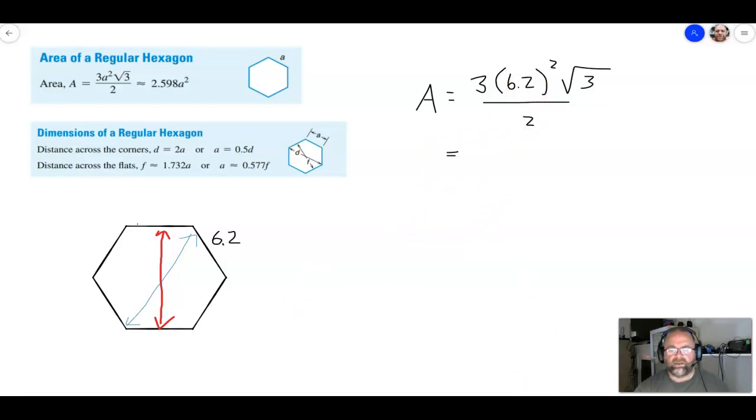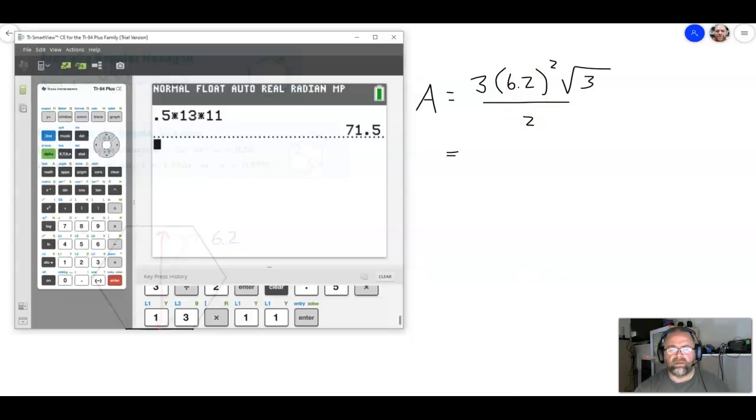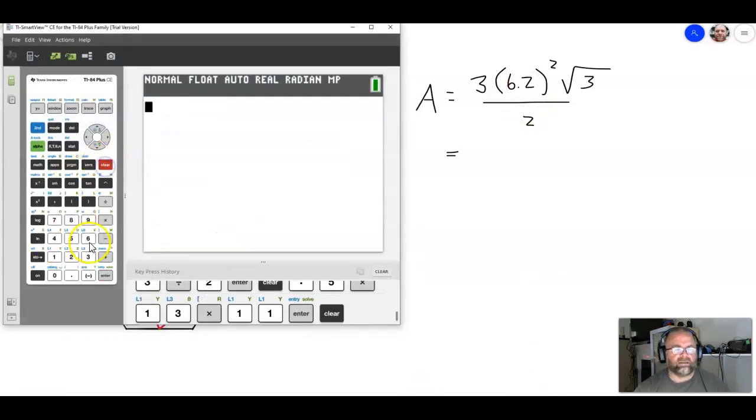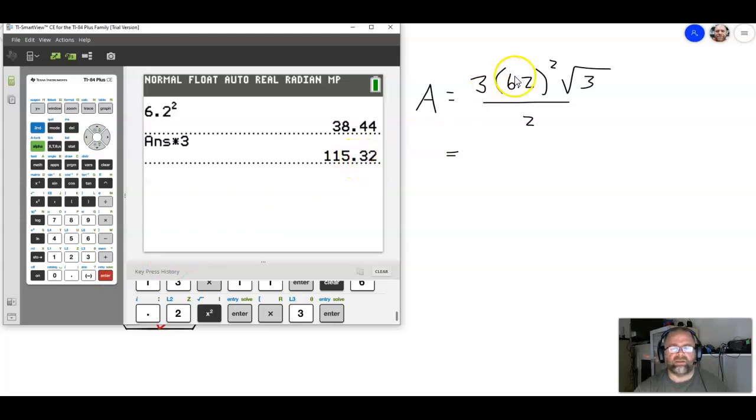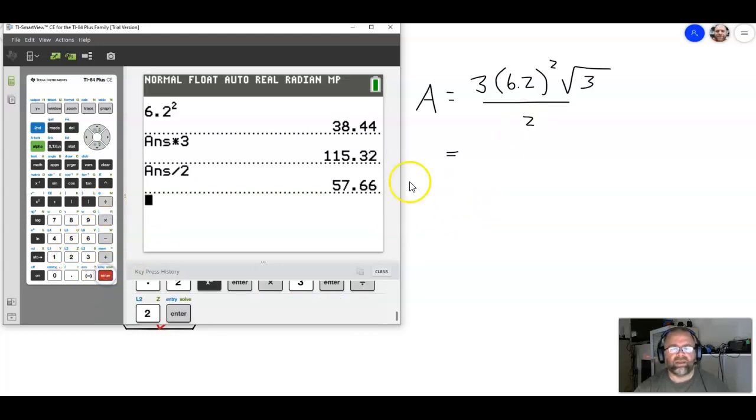So 6.2 squared, let's use a calculator for that. 6.2 squared is 38.44, and then we're going to multiply that by 3, which is 115.32, and then we're going to divide that by 2. I'm going to get 57.66, and then times the square root of 3.